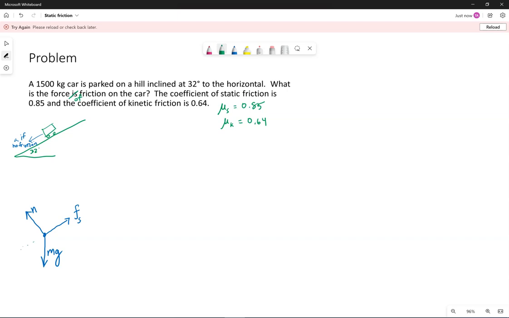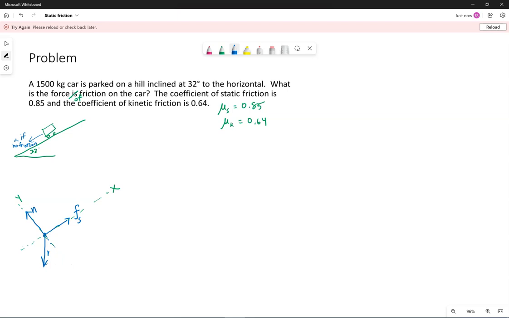With this being on an incline, I like to rotate my coordinate system. That simplifies how many vectors have both x and y components. If there was acceleration, it simplifies that as well. But in this case, our car is parked on the hill.